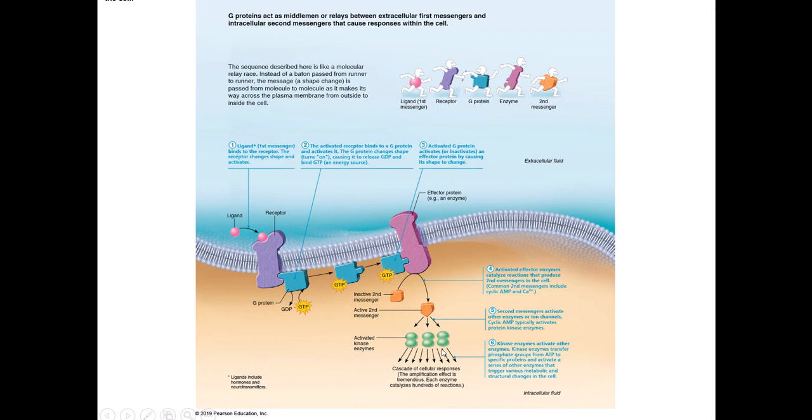They can affect protein synthesis, and because we get lots of second messengers being activated, we also get lots and lots of protein kinases being activated, and we get an amplification of the response. And so there are certain hormones that cause really huge cascading effects in the body, and they usually work through this G protein linked receptor process.